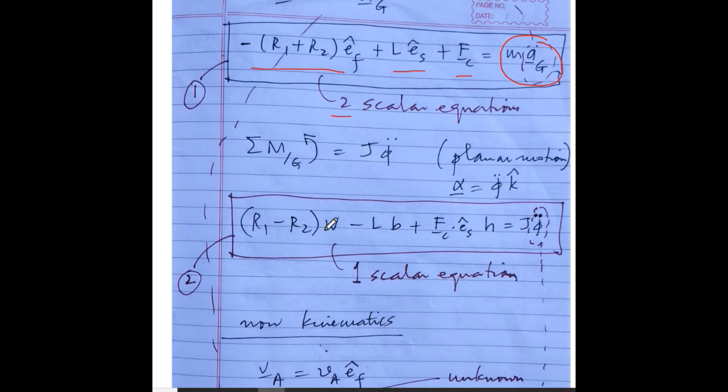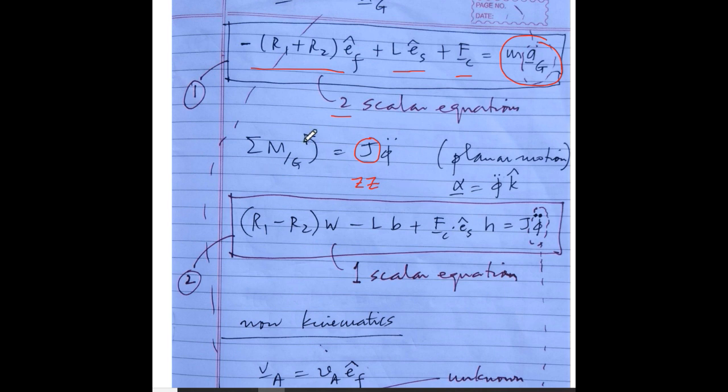Angular momentum balance is in 3D, three vector equations, but over here, because it is planar motion, there is only the angle of rotation phi, and there is a scalar moment of inertia only, which is the z component of the moment of inertia tensor about the center of mass.